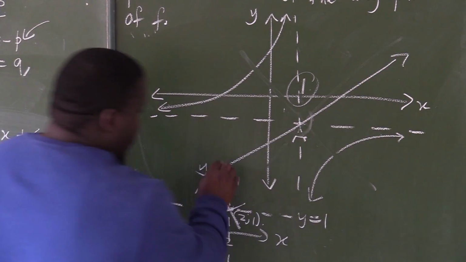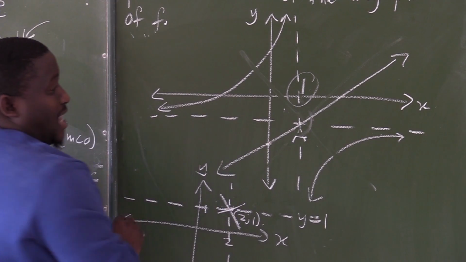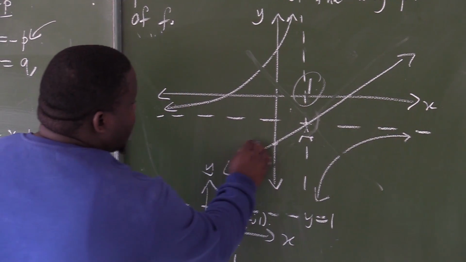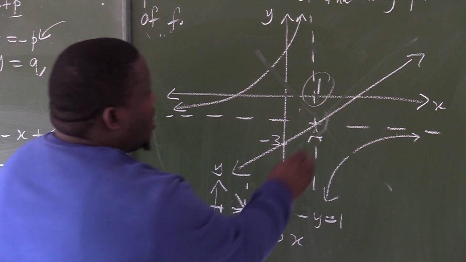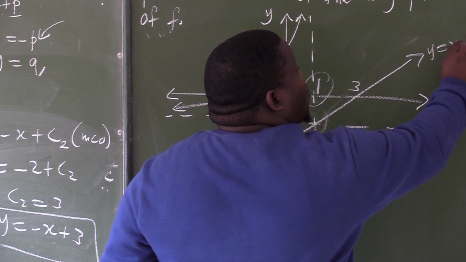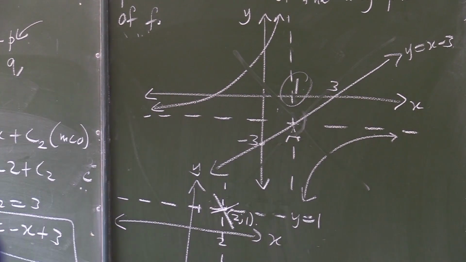Now, take note. What will be the y-intercept of this line of symmetry? It will be a negative 3. Obviously, the x-intercept will be 3. This is the equation which says y equals x minus 3. That is your line of symmetry.